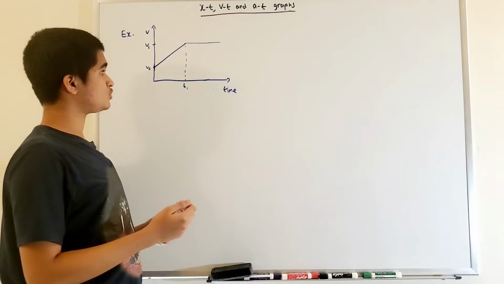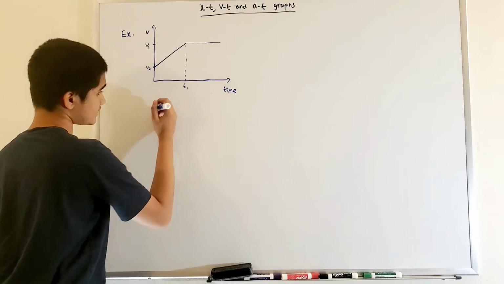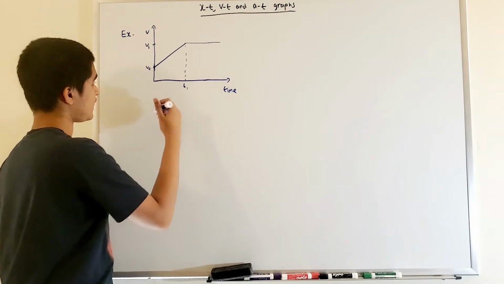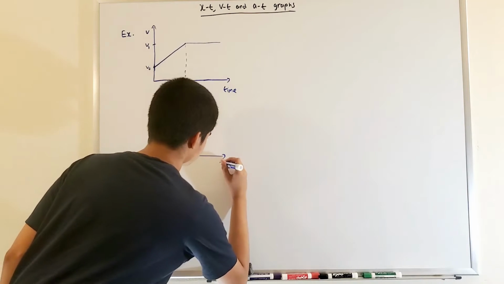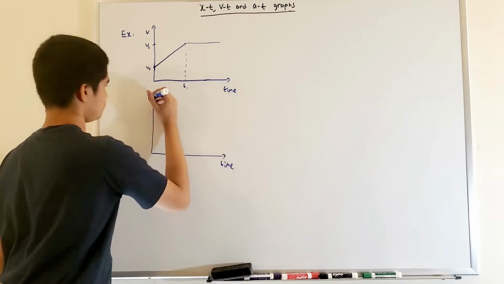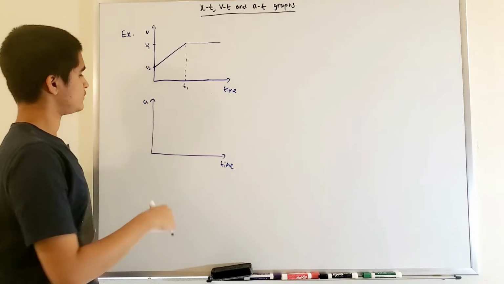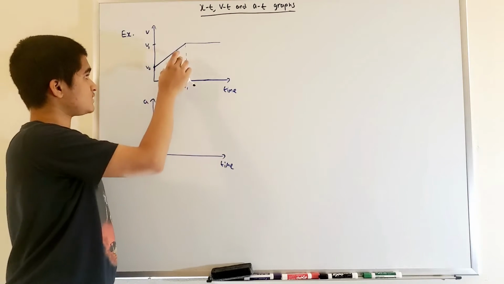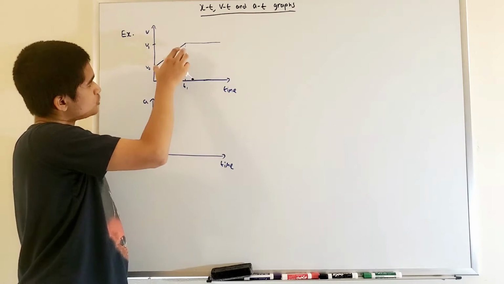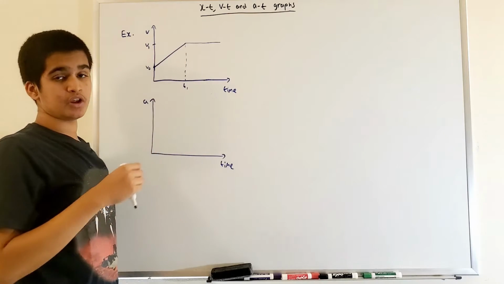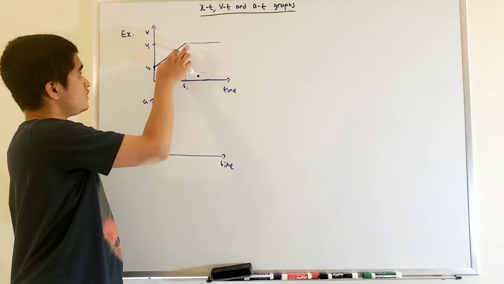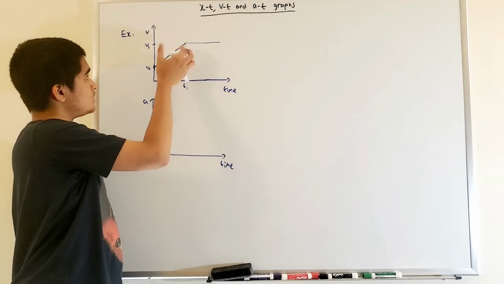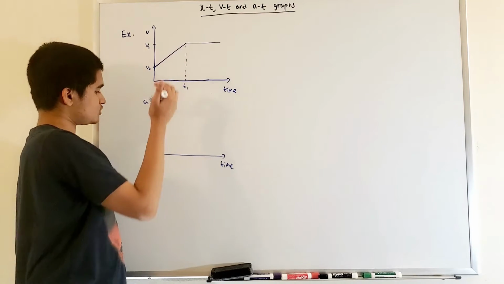Now let us try to draw the displacement time graph and the acceleration time graphs, starting with the acceleration time graph. So we know that the slope of the line in the velocity time graph will give the acceleration. Here we see that it is some amount which is constant.